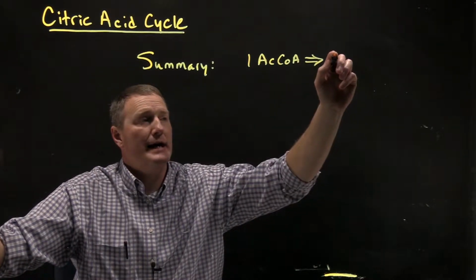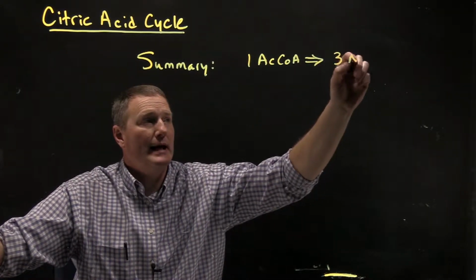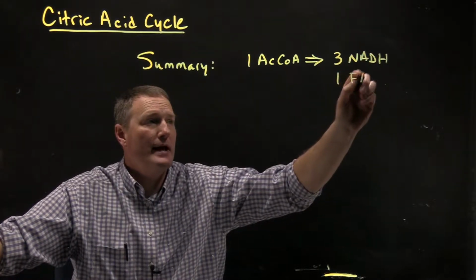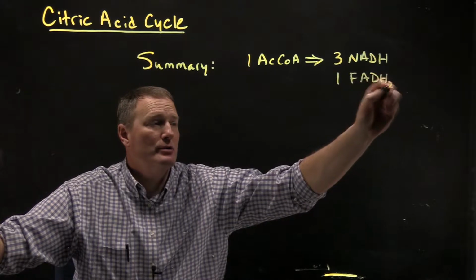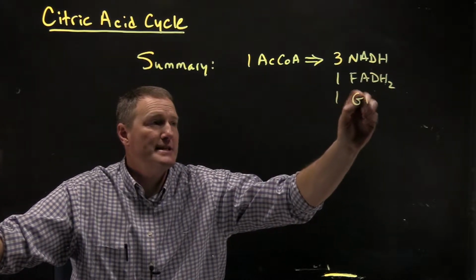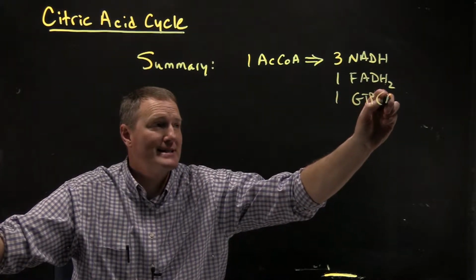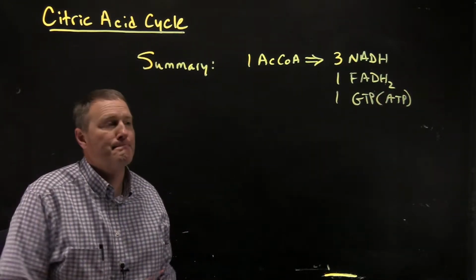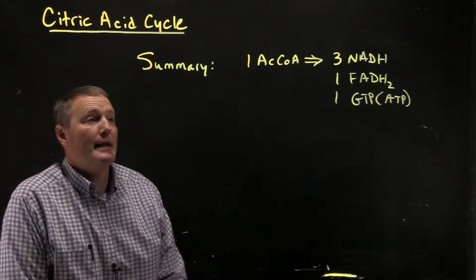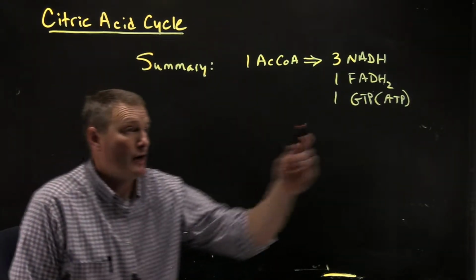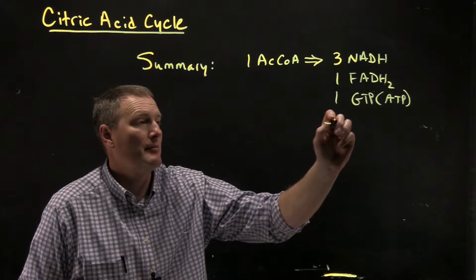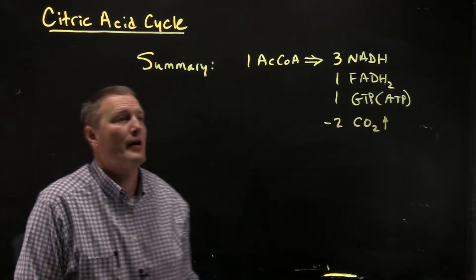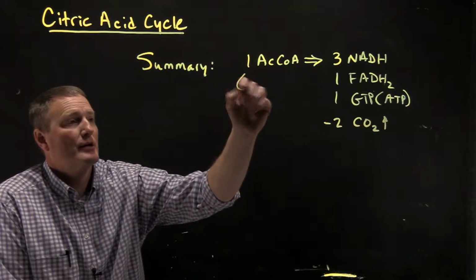It's going to produce 3 NADH, 1 FADH2, one GTP, which I'm going to put in parentheses ATP because that's equivalent to an ATP. And then as byproducts from this, we'll also get minus 2 CO2 molecules. All right, so that would be for one turn.